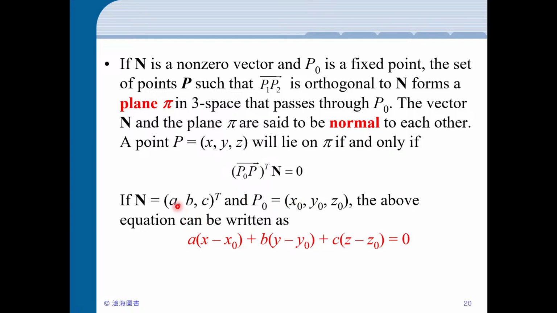Then you take the inner product with (A, B, C), and we find A times (x minus x0) plus B times (y minus y0) plus C times (z minus z0) should equal 0.